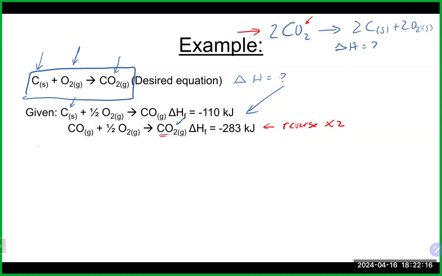And if I do that, that's going to give me 2 CO2 giving me 2 CO plus an O2. Now, in terms of the delta H, because I reversed it, it now will become positive 110 kilojoules. And because I multiplied it by 2, I will also need to multiply that by 2 as well. And that's going to give me a 220 on that.